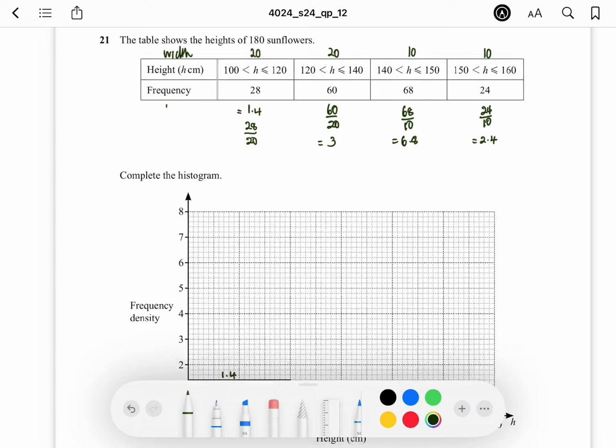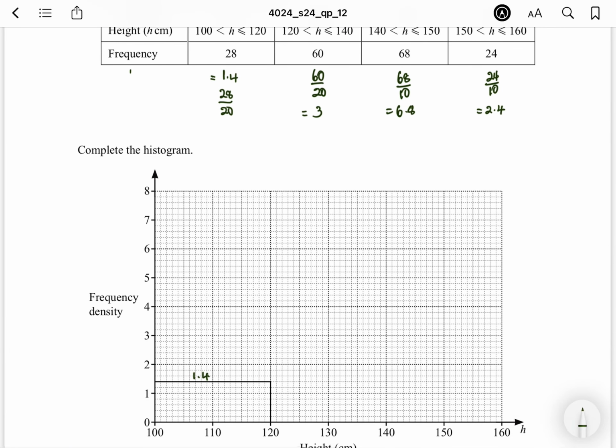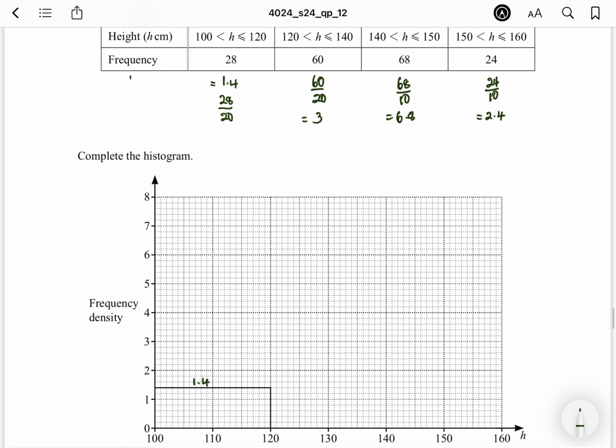So you proceed. 120 to 140, the height should be 3. So you use your ruler, 120 to 140, and then join the top together. 140 to 150 would be 6.8.